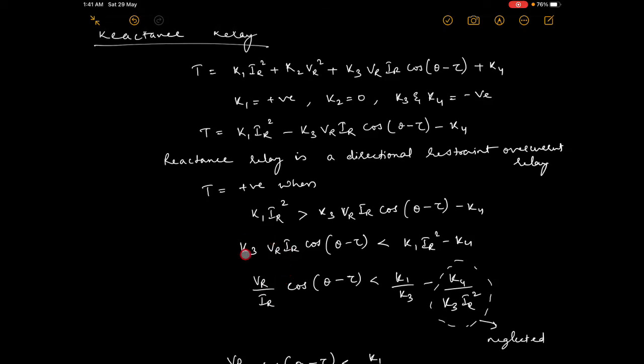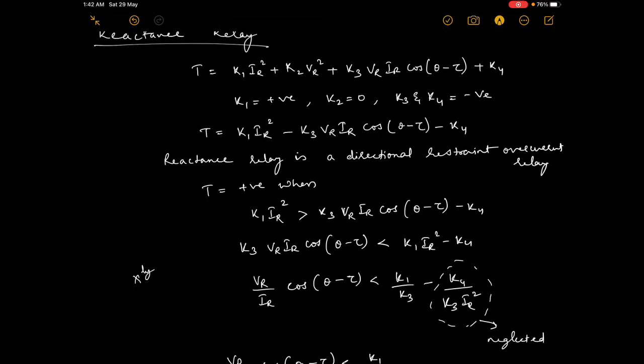Now what we do is we multiply 1 divided by k3 IR square.